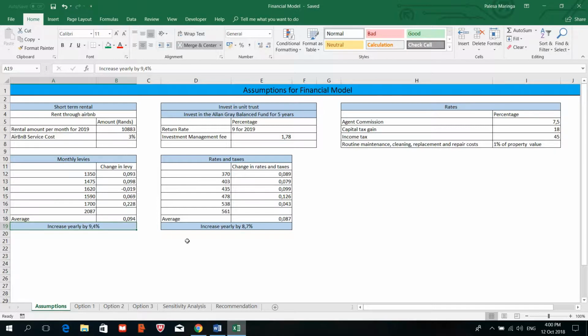The change in the levy and the change in the rates and the taxes were calculated, and an average of the change for each was calculated, and it was assumed that every year the levy and the rates and the taxes would increase by that average.